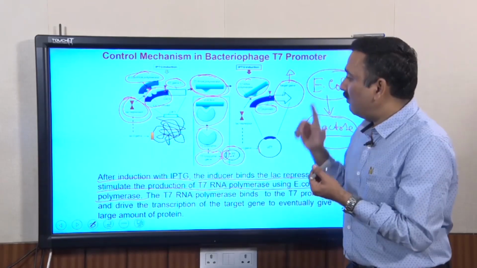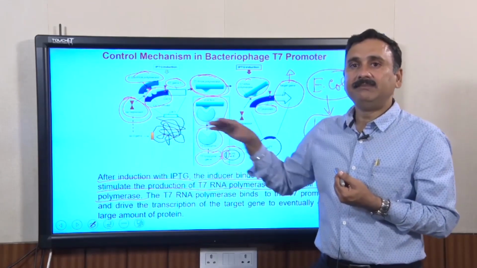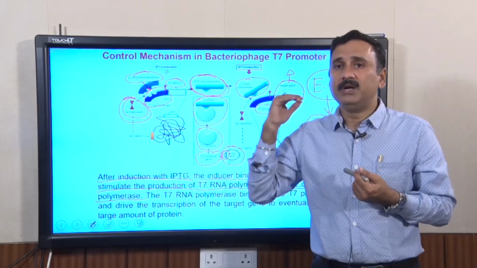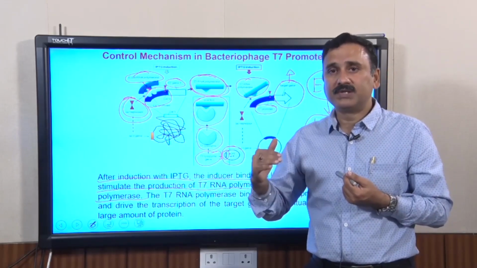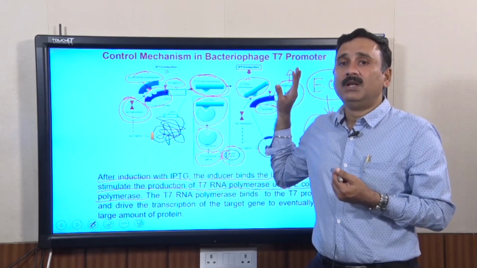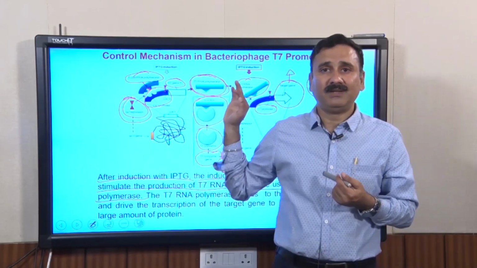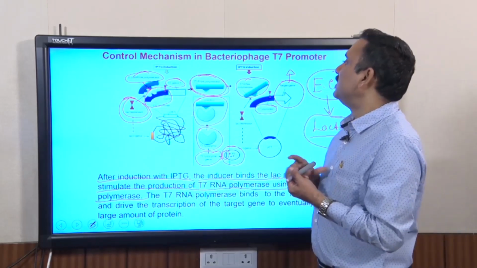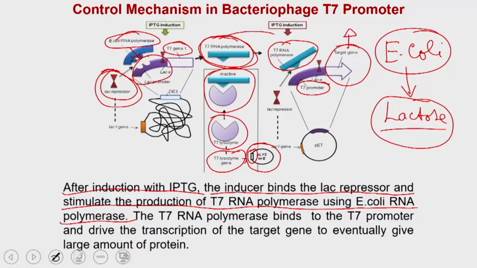This happens in the absence of IPTG. But once you add the IPTG, which is a very strong inducer compared to the low level of lactose present inside E. coli, a large quantity of T7 RNA polymerase is going to be produced, and then you are going to see induction once you add the IPTG.